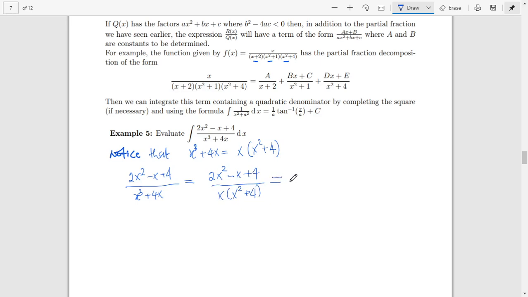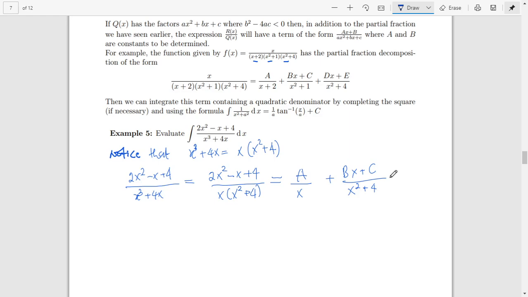Now, the partial fraction decomposition theorem says that we can write this as a constant over the linear factor plus a linear factor all over the irreducible quadratic factor. Our work now is to find what the constants A, B, and C would be.